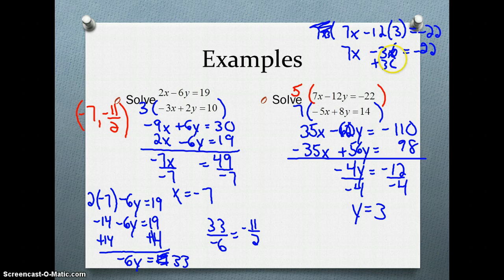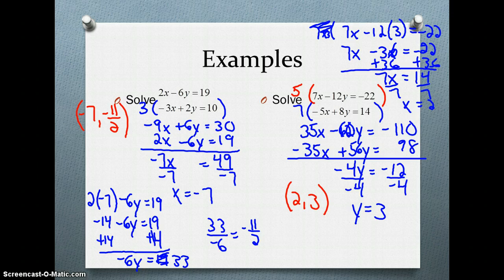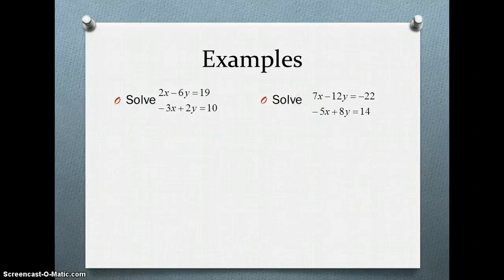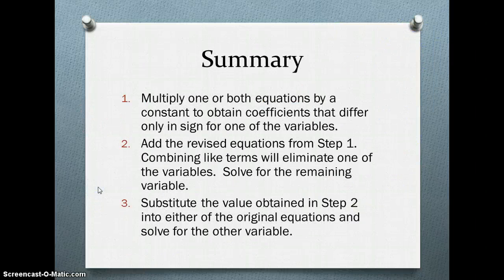Add 36 to both sides. I get 7x equals positive 14. I'll divide both sides by 7. I get x equals 2. My final answer is 2, 3. We were able to eliminate one of the variables and solve for the other. Those are our basic steps there. Those are the only two examples we're going to do.